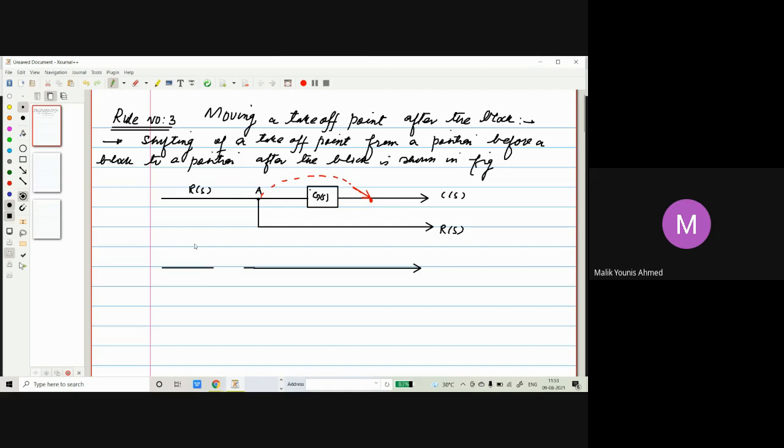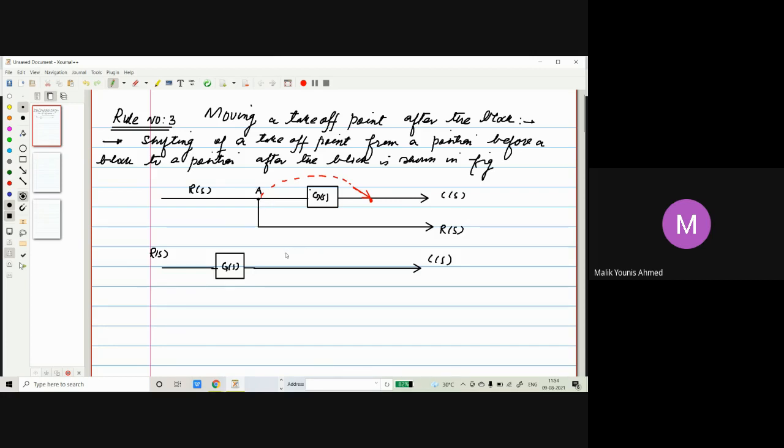So this is as usual R(s), this is as usual C(s), no change in these cases, and the transfer function will remain as it is, G(s). So this line we have not changed, because we are not going to do anything with this. We have to move this.